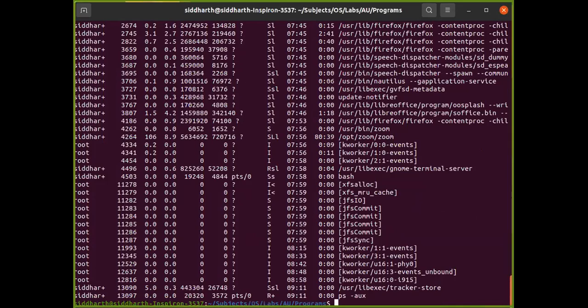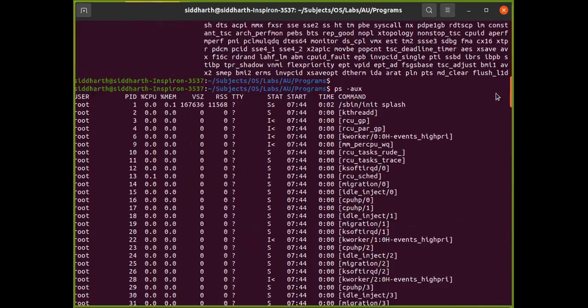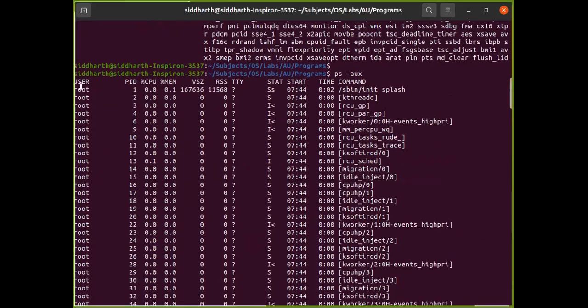So ps aux is the command through which you can see all the processes, and what details you get: who is the user of that process, what is the PID, process ID, what is the percentage of CPU that is used by that process, what is the percentage of memory that is used by that process. Okay, virtual memory size and other things are there, terminal is there, state is there. And the command, which command has started that particular process, that is there.